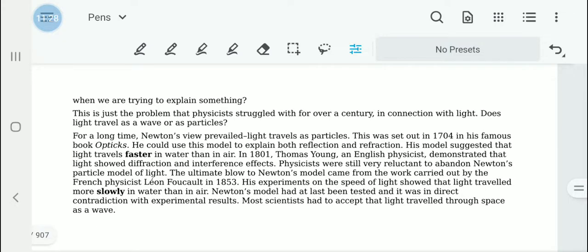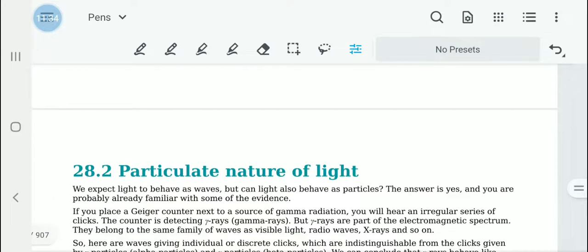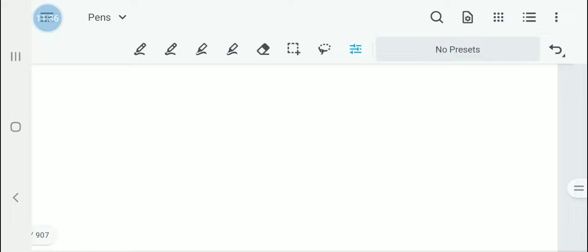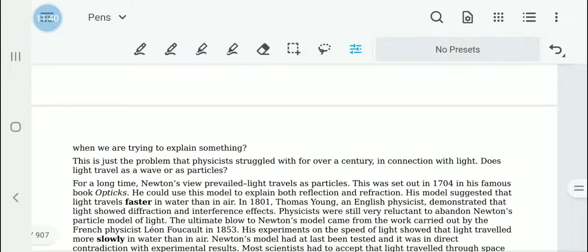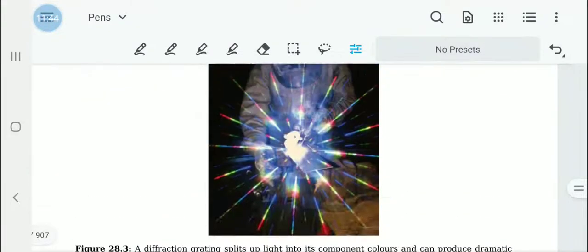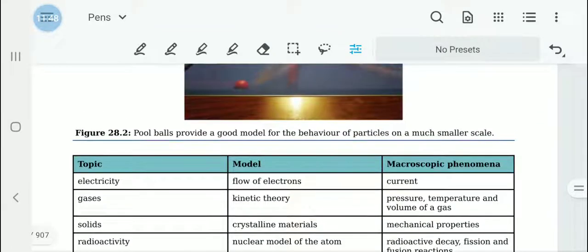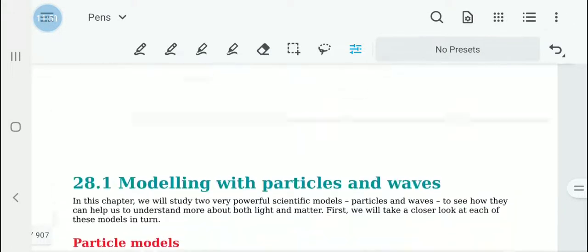Then the Newtonian principle of light traveling through space as particles had to be abandoned, and now it is the belief and understanding that light travels in the form of waves. Write down a note.